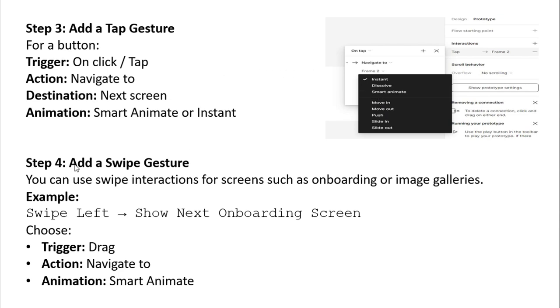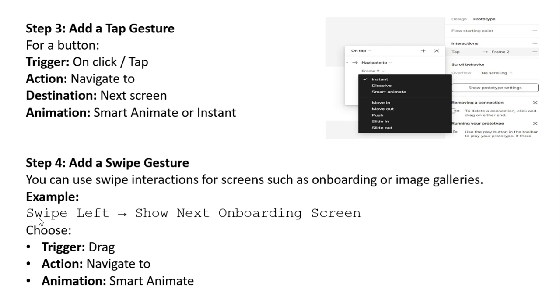Step 4 is to add swipe gestures. You can use swipe interactions for screens such as onboarding or image galleries.